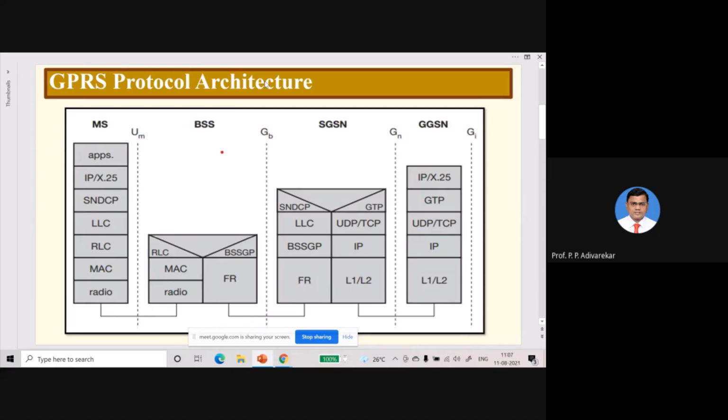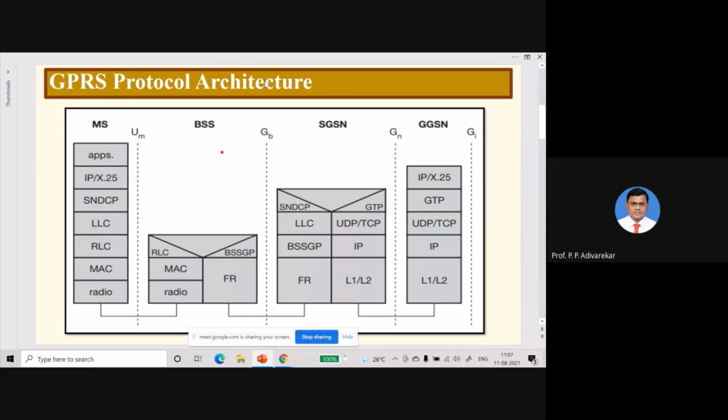In the last lecture, we saw the architecture of the GPRS network. Okay, we have seen that it is a 2.5G GSM evolution.